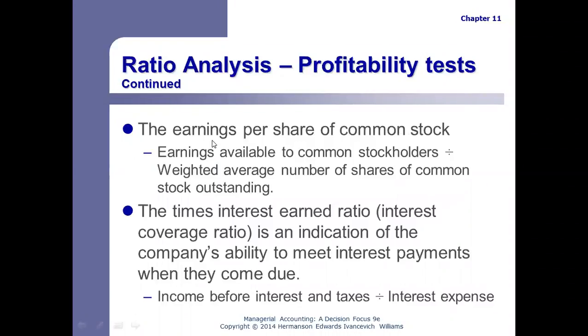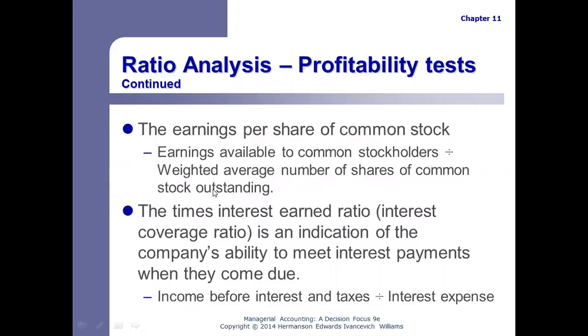Another really commonly used ratio is earnings per share of common stock. That ratio is the earnings available to common shareholders, which means your net income minus your preferred stockholders' dividends. That's the numerator. The denominator is the weighted average number of shares of common stock outstanding.